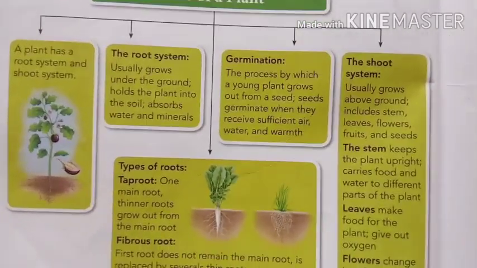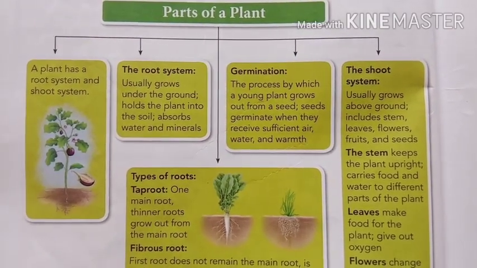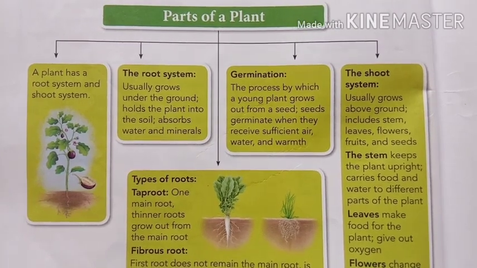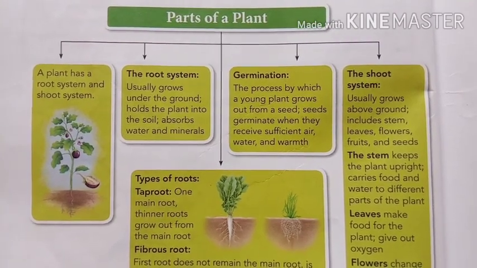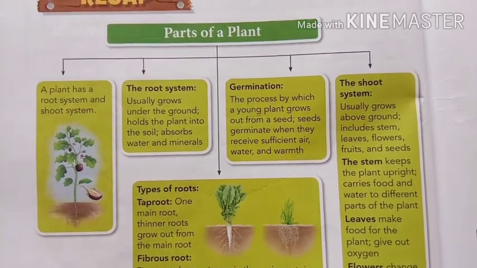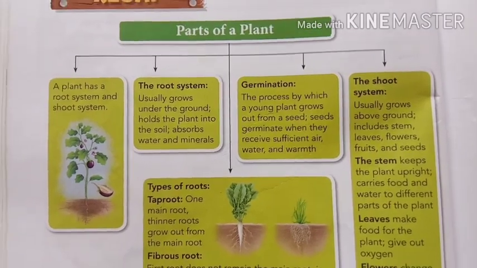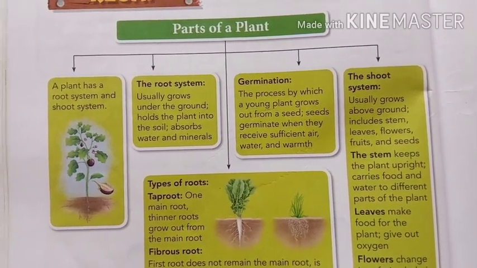Then about root system, usually grow under the ground, holds the plant into the soil, absorb water and minerals. See, what is the function of root system? Yes, it holds the plant.